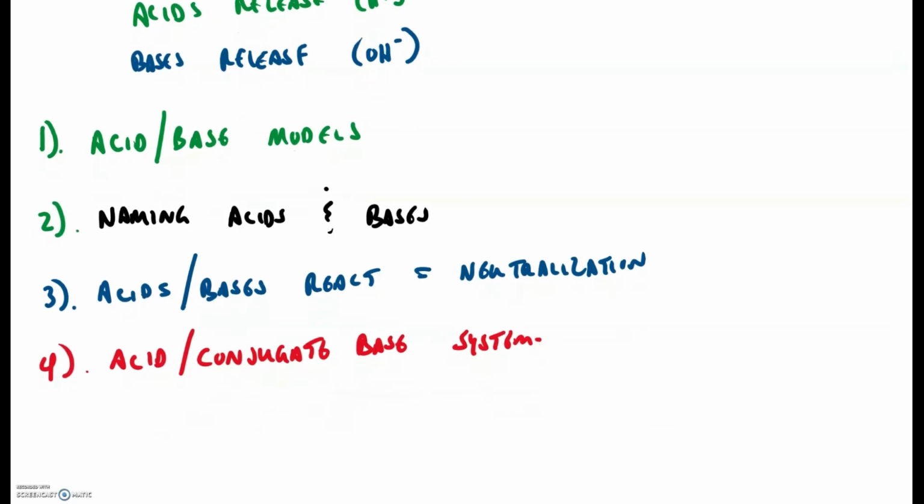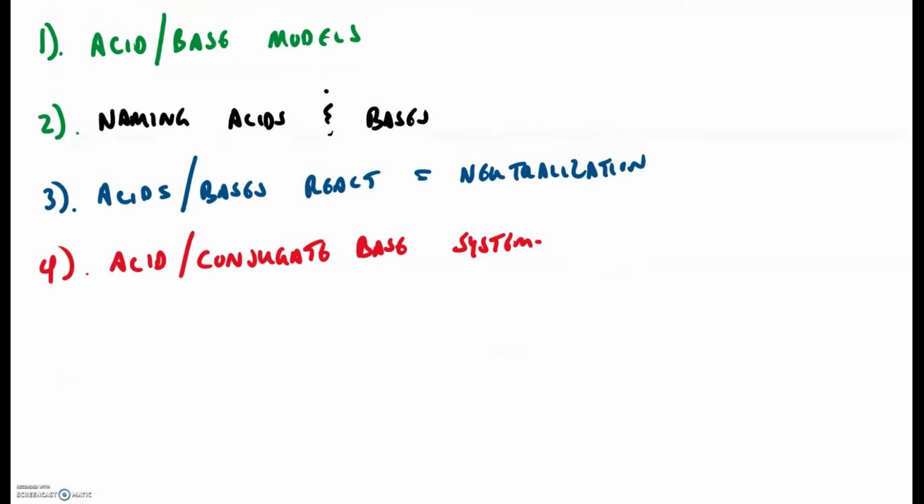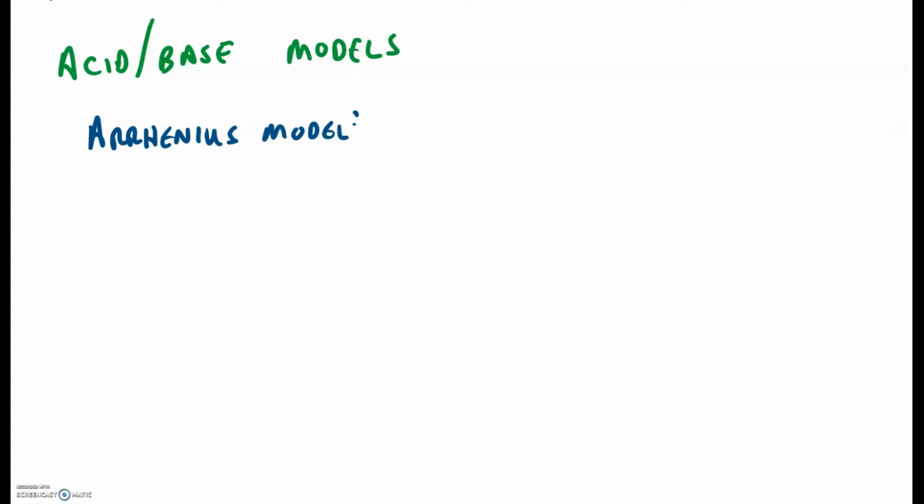So let's start with number one, what we're going to call acid-base models. And it's just a way of looking at what acids and bases do from a couple different perspectives. So the first one that we're going to look at is what we call the Arrhenius model. And this is the one that we're already familiar with.